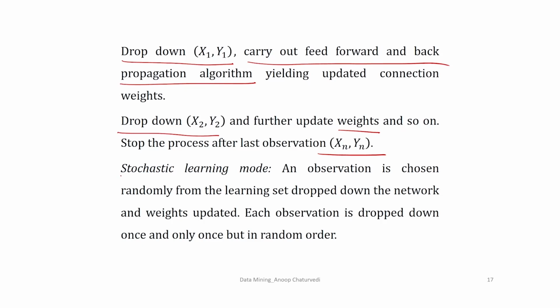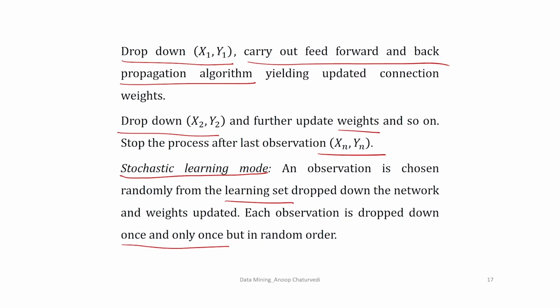Then we consider stochastic learning mode. In stochastic learning mode, we consider all the observations and choose an observation randomly. From the n observations, we choose an observation randomly from the learning set, drop it down the network, and the weights are updated. Each observation is dropped down once and only once, but in random order.